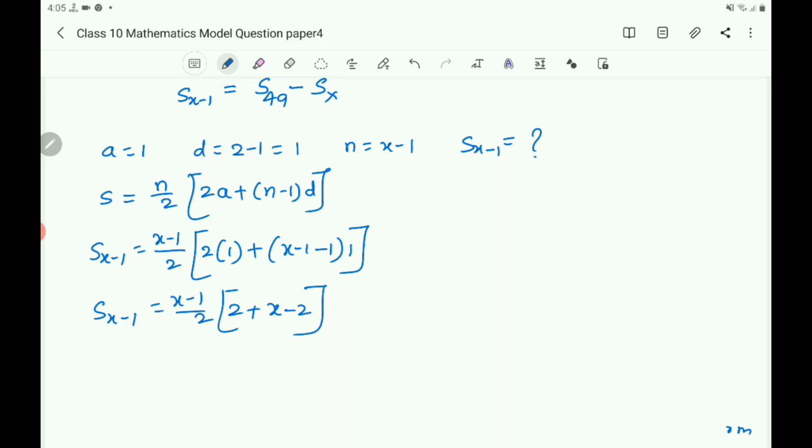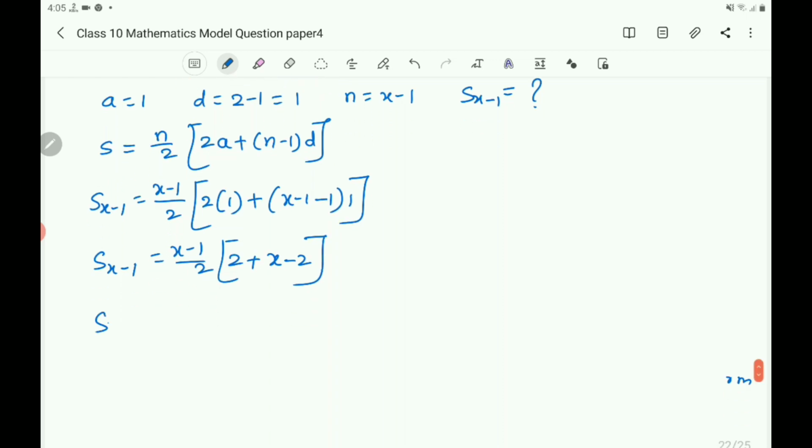Then the 2 and minus 2 cancel. So what you got is x minus 1 by 2 into x, so it is x into x minus 1 by 2. Consider this as the first one.